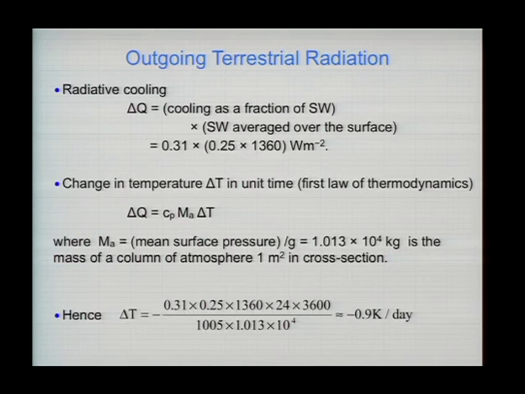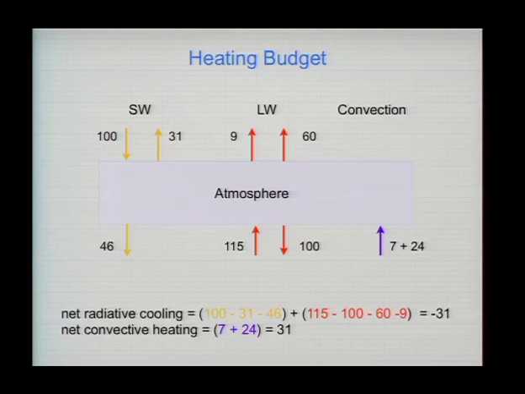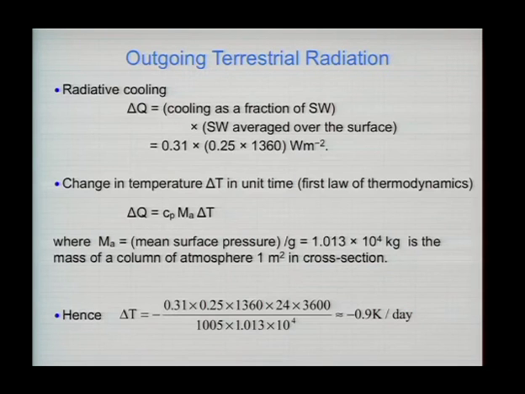Let's think about the radiative cooling, delta Q. So how much cooling in a particular unit time. So there's cooling as a fraction of the short wave coming in, and the short wave averaged over the whole surface. So it's 0.31, where does the 0.31 come from? As a fraction of what's coming in, there's 100 coming in, and 31 is a fraction of that, 0.31.